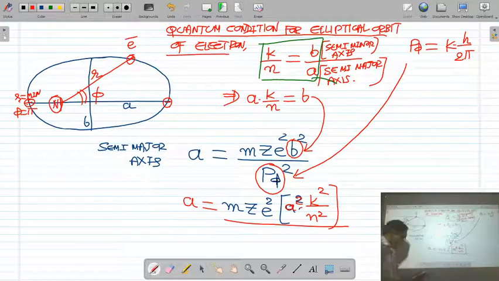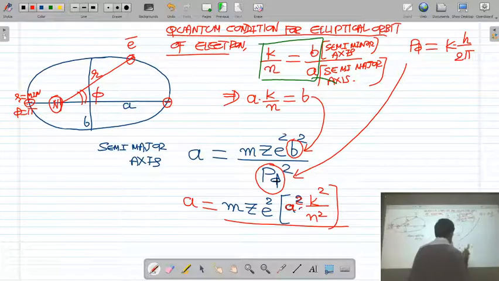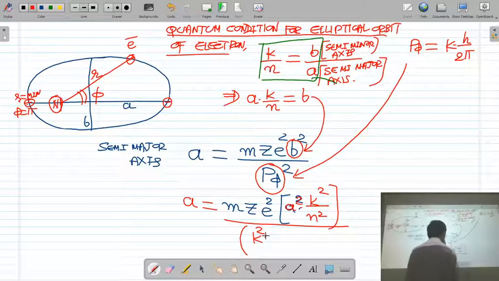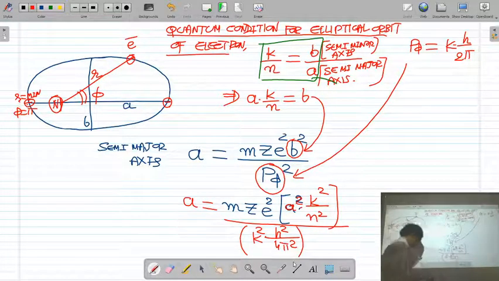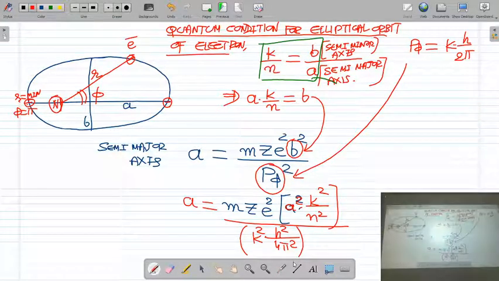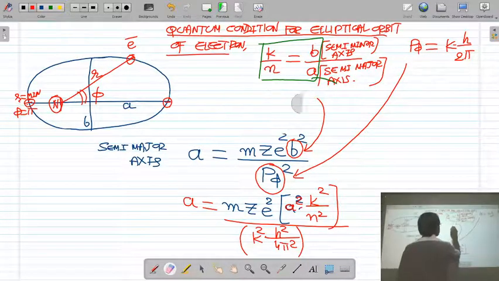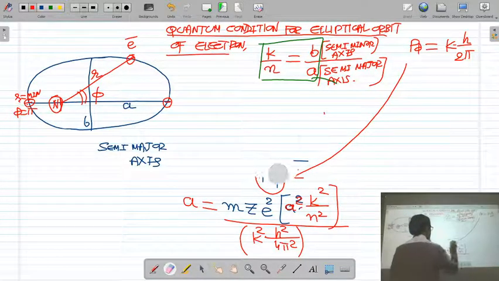And what is the angular momentum p phi of the electron? The angular momentum p phi of the electron is kh upon 2 pi. So its square will be k square h square upon 4 pi square. To solve this equation, you will get the semi-major axis of the ellipse.